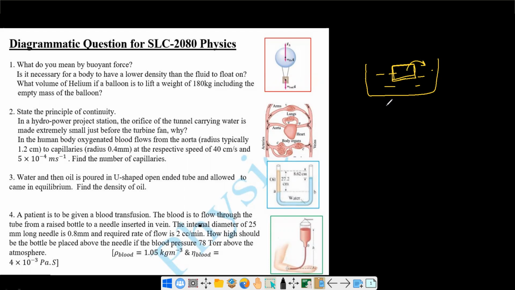Then the weight of the object will be equal to the weight of the liquid displaced, no matter what the density of the material of which this object is made. It doesn't make any difference. If the object's dimensions are organized in such a way that it can displace liquid equal to its own weight, then the object can float.